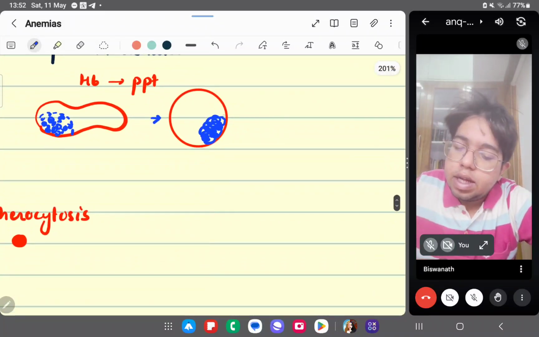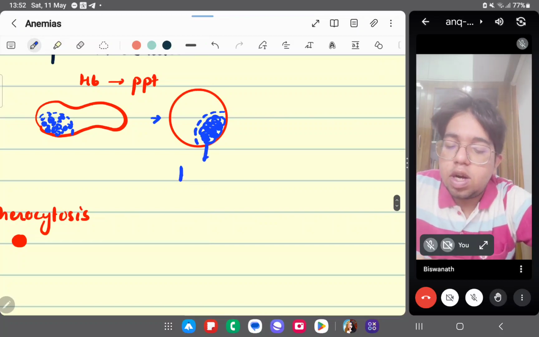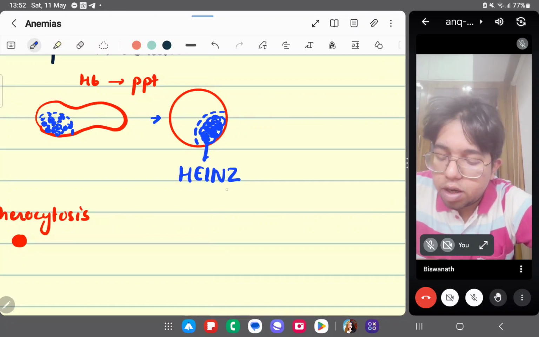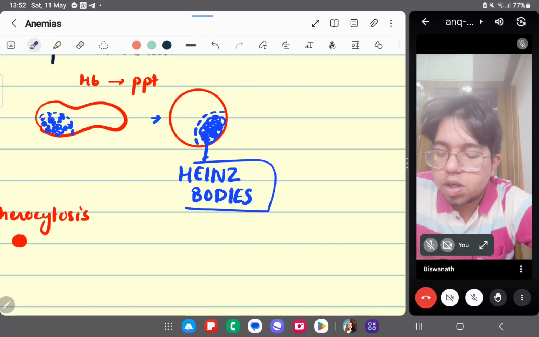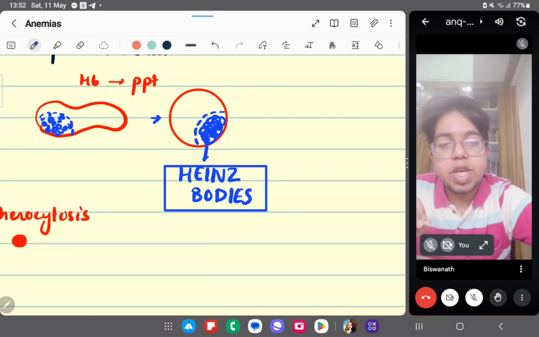This type of inclusion is called Heinz bodies. Very important. Heinz bodies.